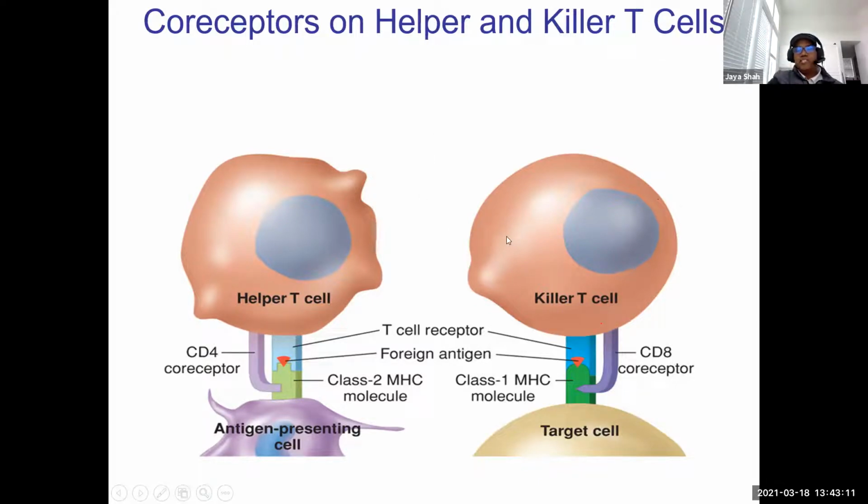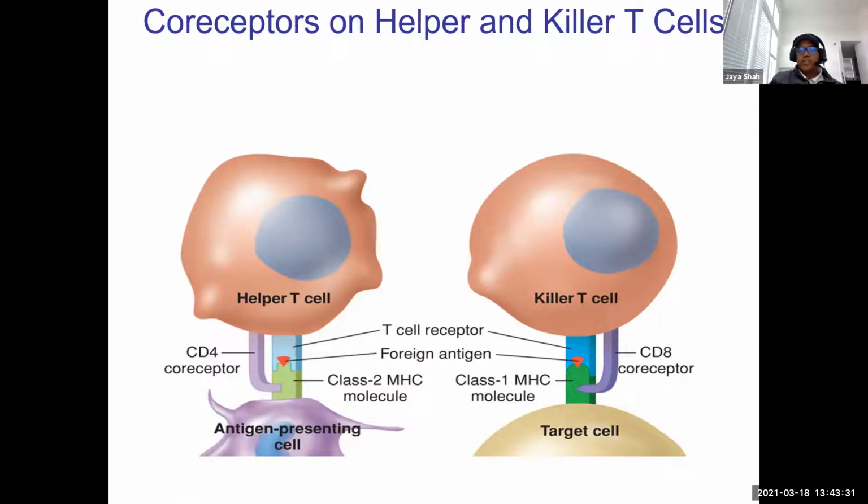And then the T cell can recognize the same antigen when it is presented by target cells.